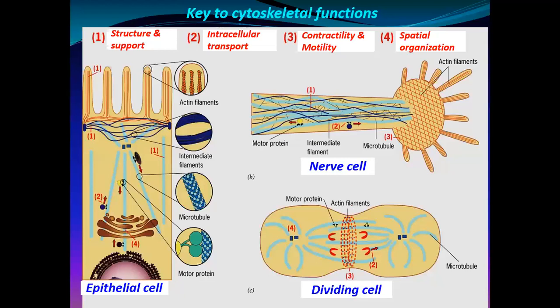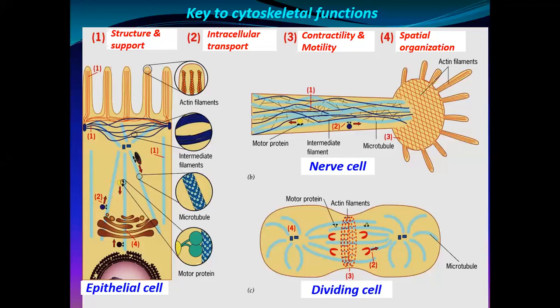So this is an example of the cytoskeleton and cell shape change. And then you can see structure and support. Now look at the epithelial cell. When you look at the epithelial cell, you can see it has microvilli, what we call the projections, isn't it? Number one, a cytoskeleton is there. That is the structure and support.